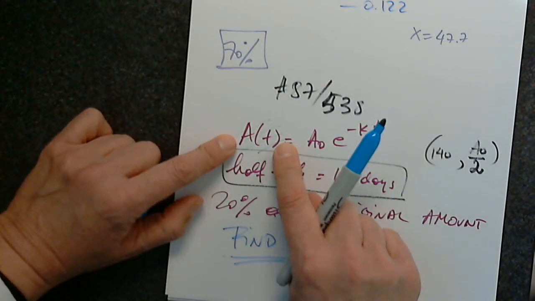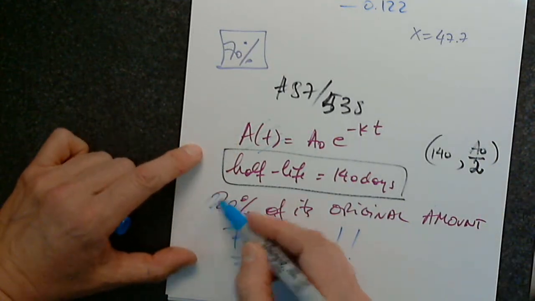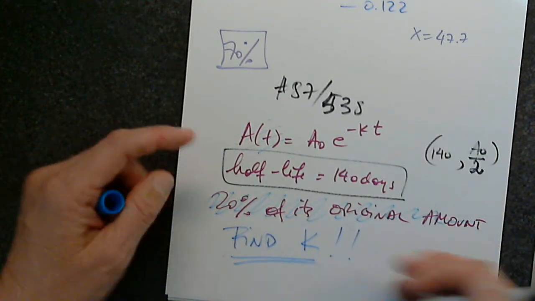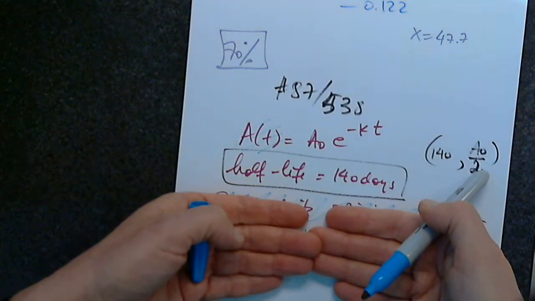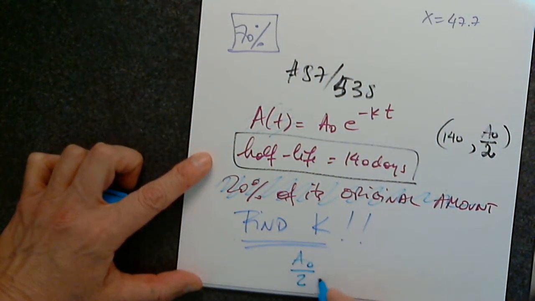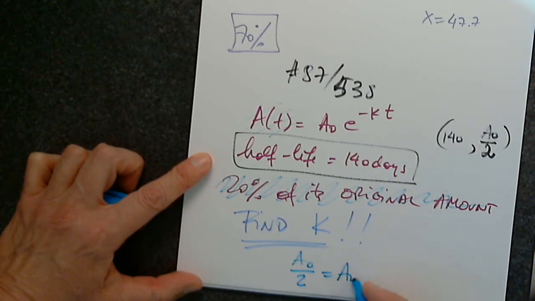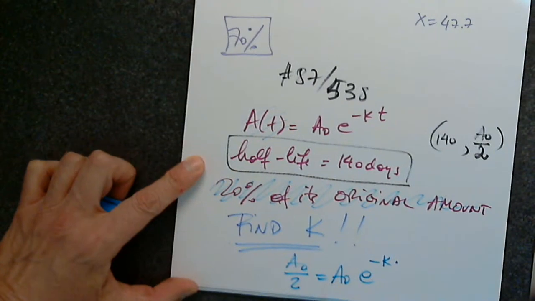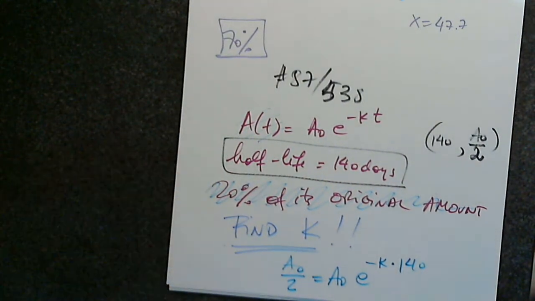It's A0 over 2. We don't even know what that is yet. So it's A0 over 2 equals A0 e to negative k multiplied by 140. That's why we established the point first so we don't make a mistake.